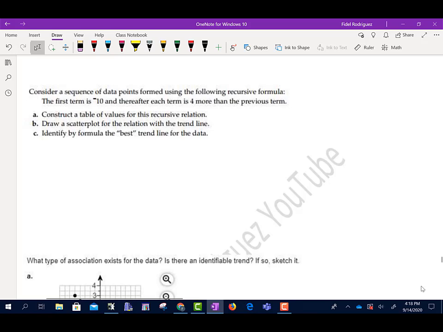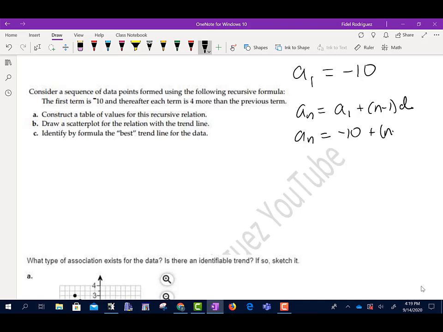Okay, so in doing this one here, guys, we're going to do this like we did our arithmetic sequences that we did in, I think it was 8.1. So remember, my first term here is -10, right? And then remember the formula, it's going to say A1 plus n minus 1 times D. So AN is going to be A1, which was -10, plus n minus 1.